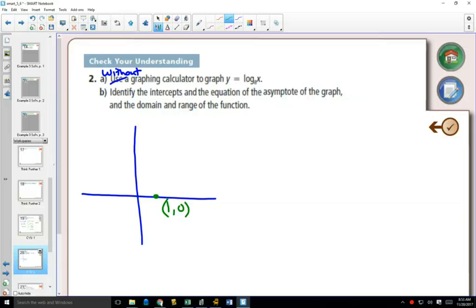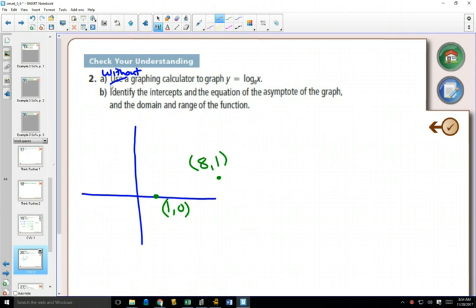And then, since this log graph has a base of 8, the second point that we're going to label is (8, 1), because log base 8 of 8 is equal to 1.